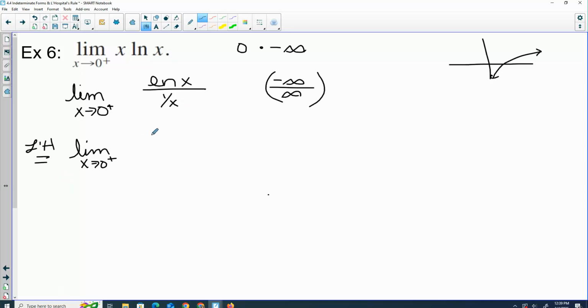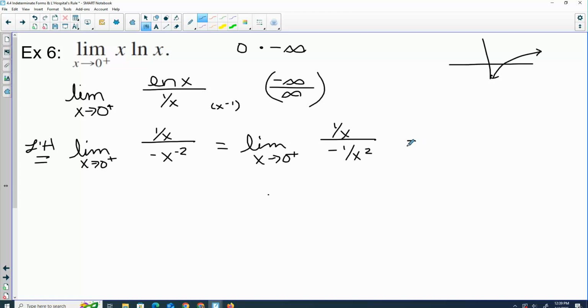Alright, so what's the derivative of natural log x? 1 over x. If you need to, you can think of it like x to the negative 1 power. So the derivative would be negative x to the negative 2. Alright, let's simplify this a little bit. So we have 1 over x. Negative x to the negative 2 is negative 1 over x squared.